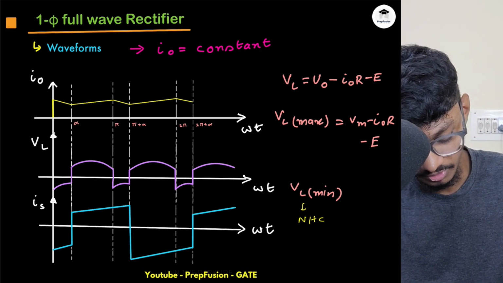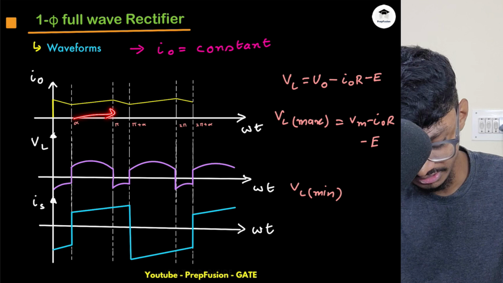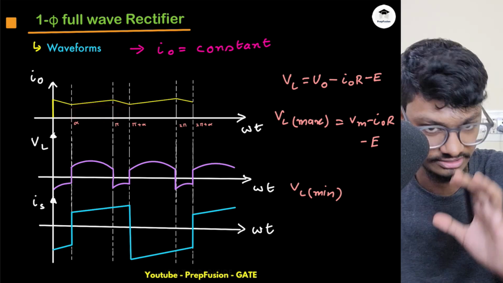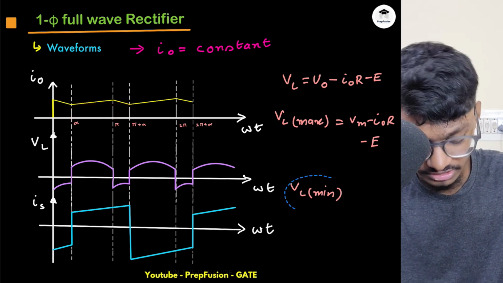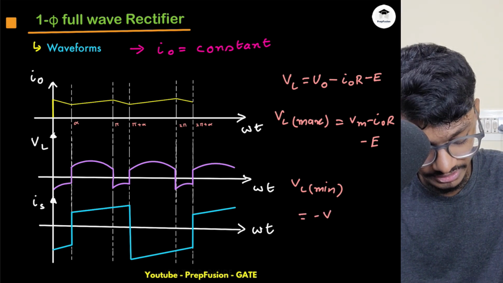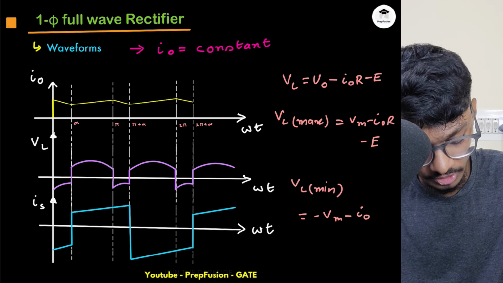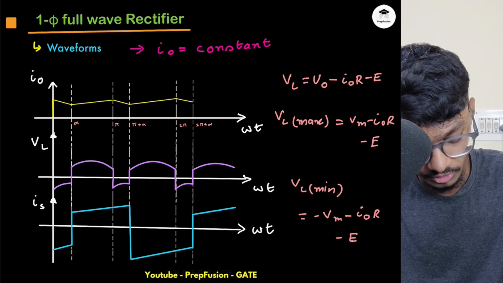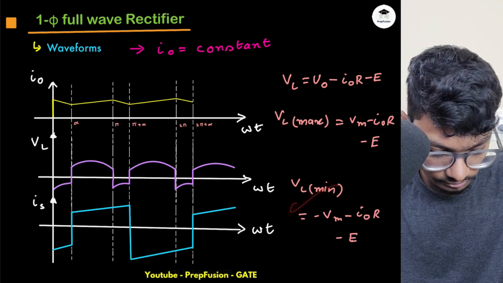Sorry, this is again wrong, because this will happen in a region that is a combination of both positive and negative half cycles. I hope you understood what we mean by this. So when will this be minimum? It will be minus VM minus IO into R, because IO is constant, minus E. Okay, so this will be the minimum value.